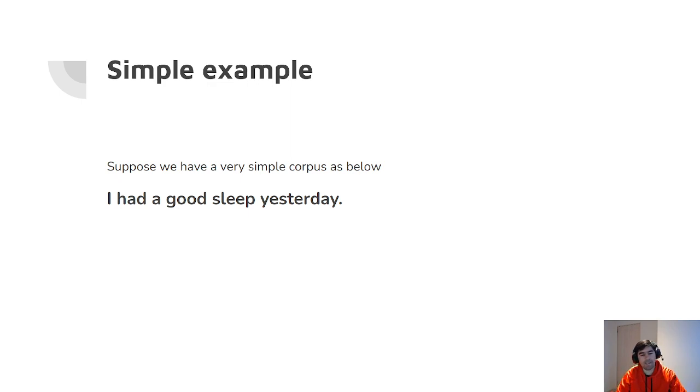All right, let's take a very simple example. Suppose that our corpus was a tiny sentence which goes, "I had a good sleep yesterday." Suppose that this was our corpus. How would we go about building its co-occurrence matrix?